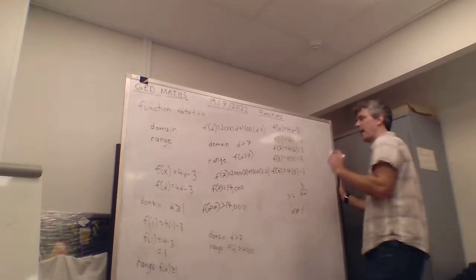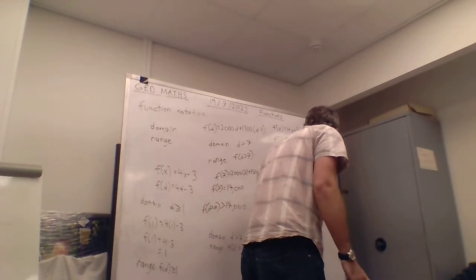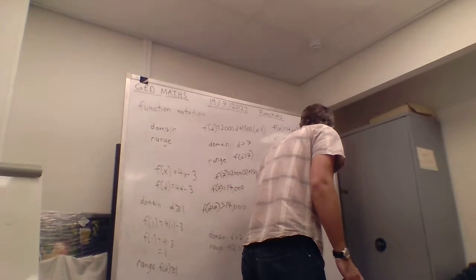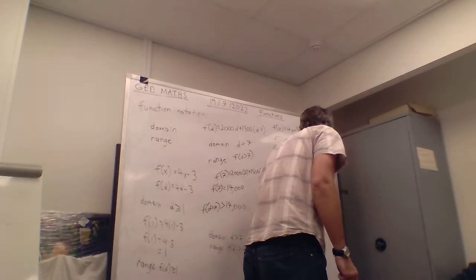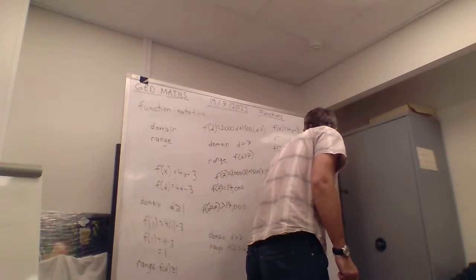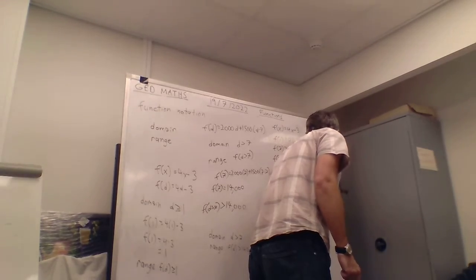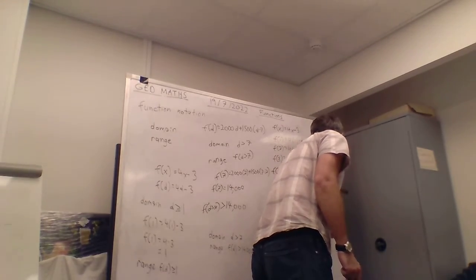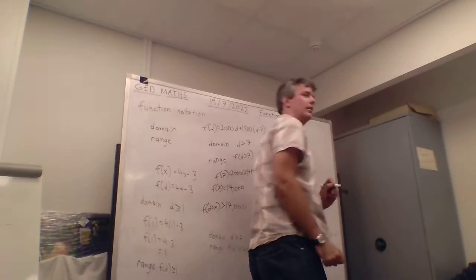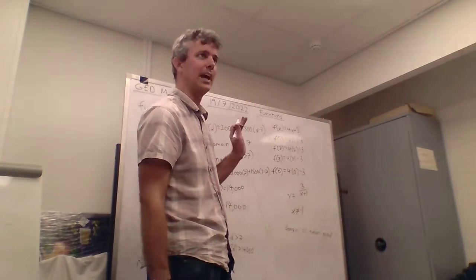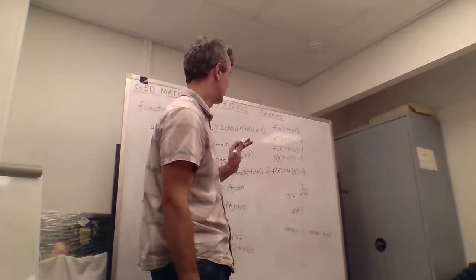So you can say the domain is all numbers, except minus 1. Okay, so if that's the case, what is the range?